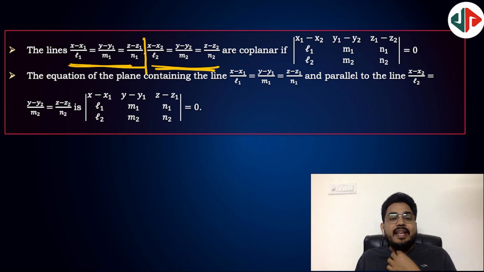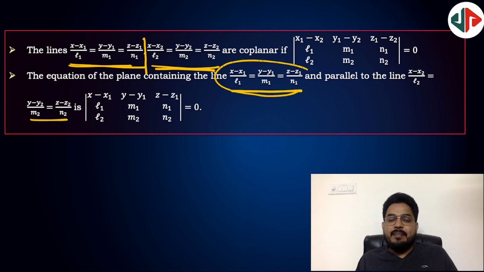The equation of the plane containing this one and parallel to this line: simply you write x minus x1, y minus y1, z minus z1 in the first row, L1 M1 N1 here, and the second row L2 M2 N2. This value is equal to 0.